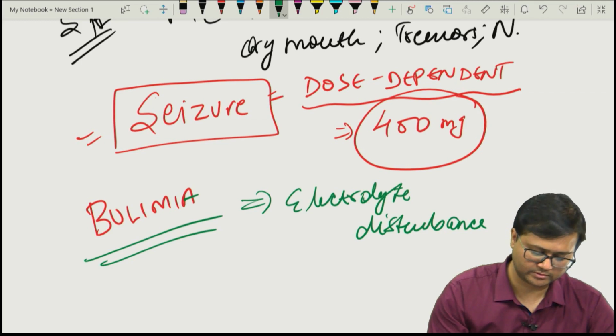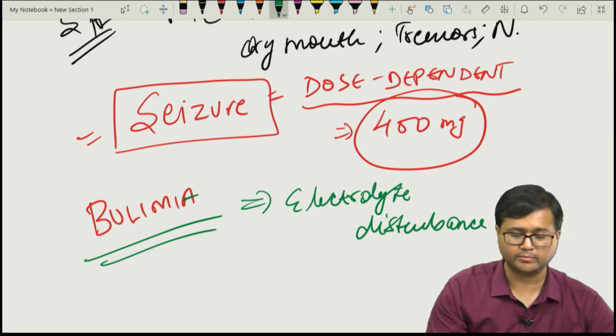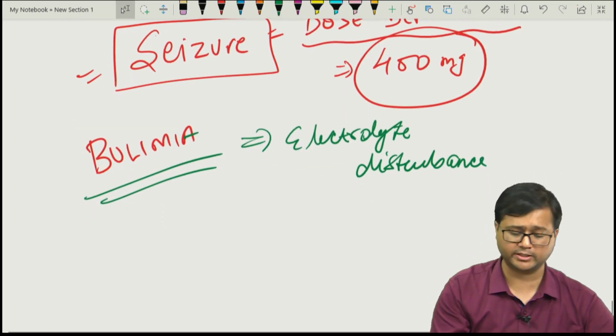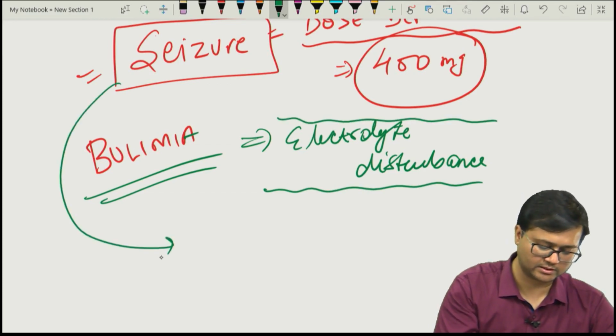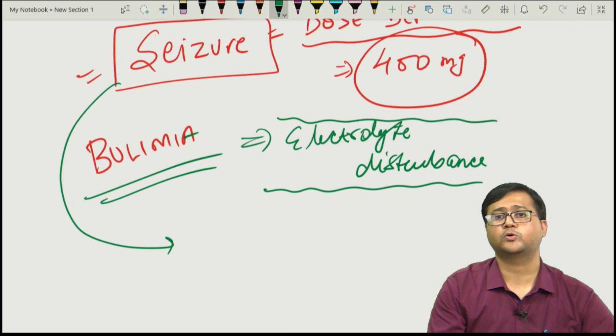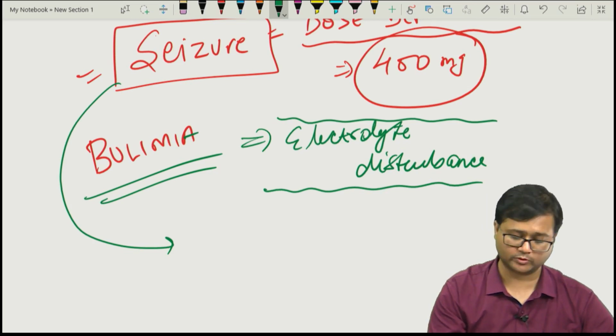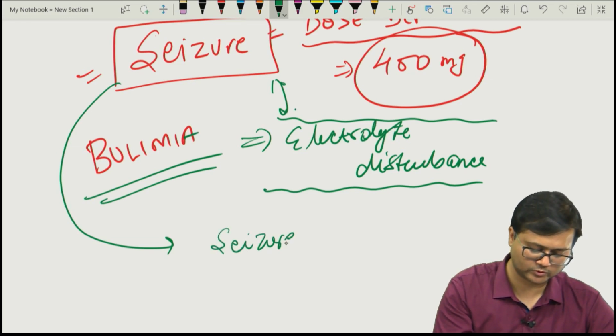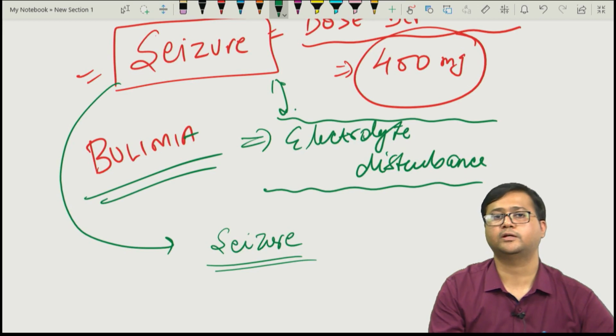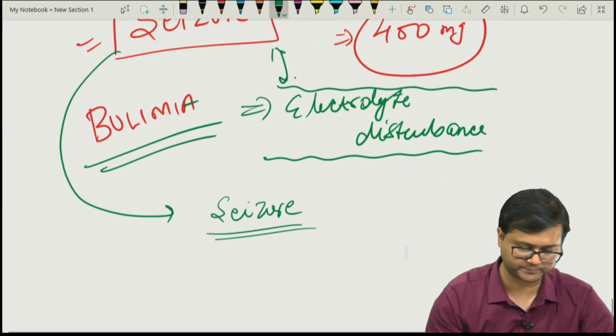If a person with bulimia is given Bupropion, there are already electrolyte disturbances, and as we know there may be seizures because of the use of Bupropion. So these two may in fact lead to seizure episodes, hence it should be avoided in a person with bulimia.